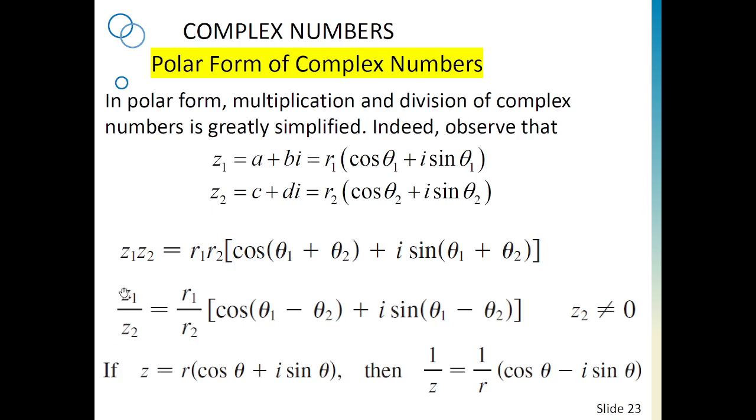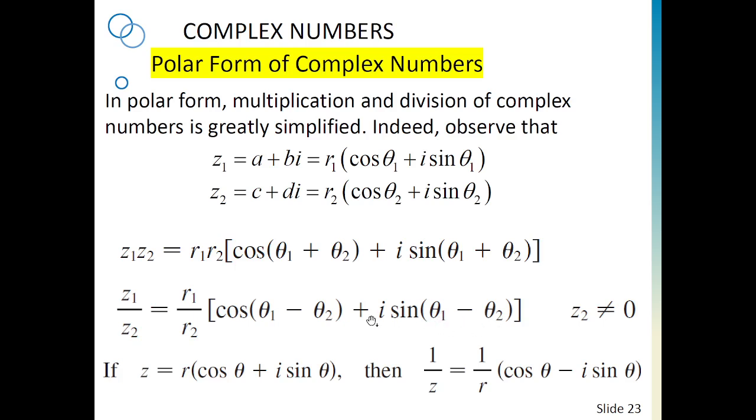Now if I perform the division, we normally multiply upstairs and downstairs by the conjugate of the denominator. But you see here in the polar form, the result is simply the ratio of the moduli and then cosine of the angle of the first minus the angle of the second, plus i sine of the angle of the first minus the angle of the second.